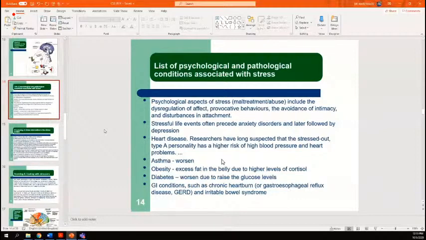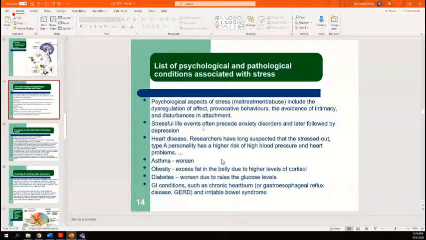When a person is under stress, the first thing affected is usually behavior. In studies of children who have been maltreated or abused, these children usually show signs of dysregulation of affect, provocative behavior, avoidance of intimacy, and even disturbance in attachment. That means they are not close to anybody. They try to avoid people. So these are psychological aspects, especially for abused or bullied children.